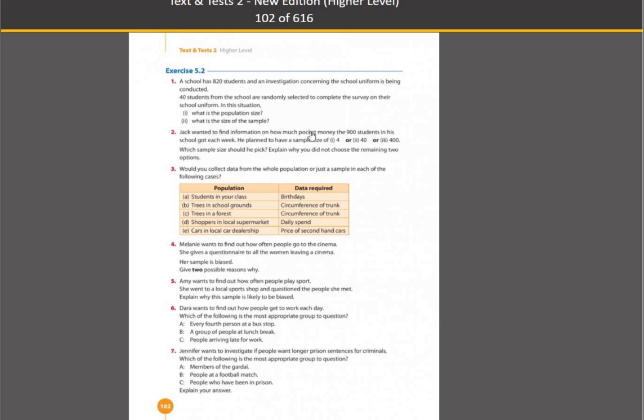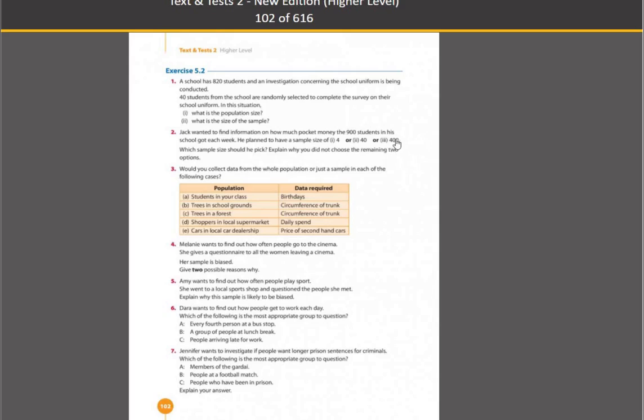Okay. When you're conducting a survey, the greater the sample size, the more accurate the responses are going to be. So if he is sampling 400 kids out of the 900, he's almost at 50% of his survey. So the results, if he surveyed 400 people, would be very accurate.